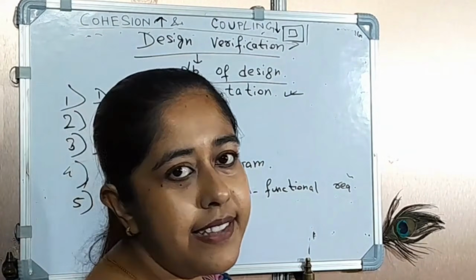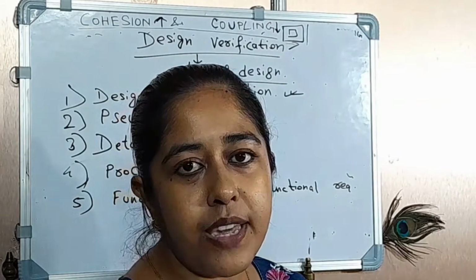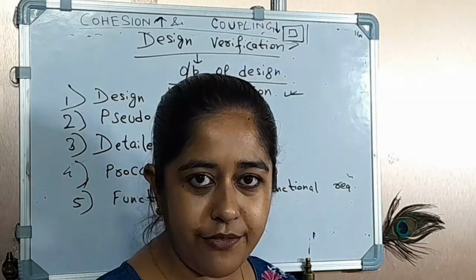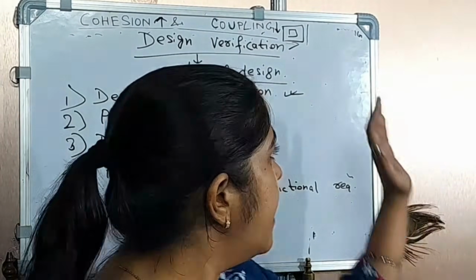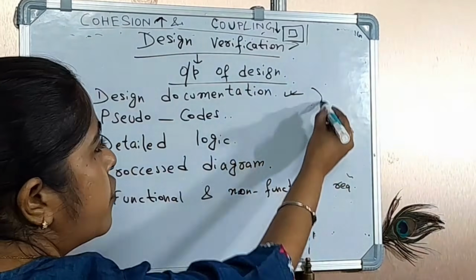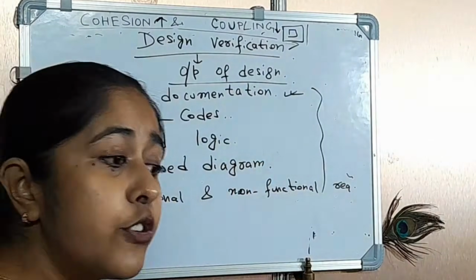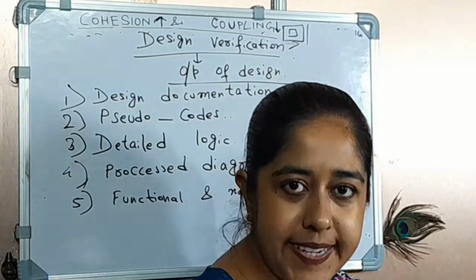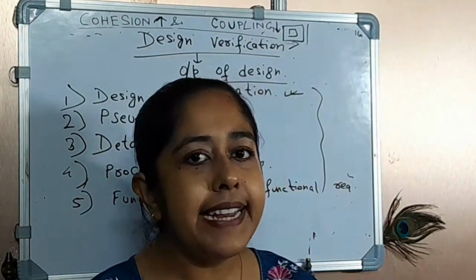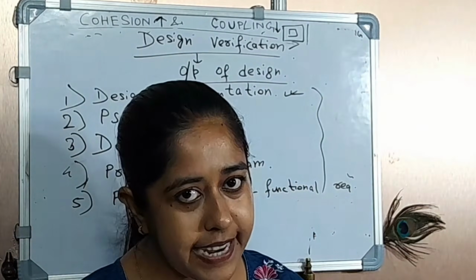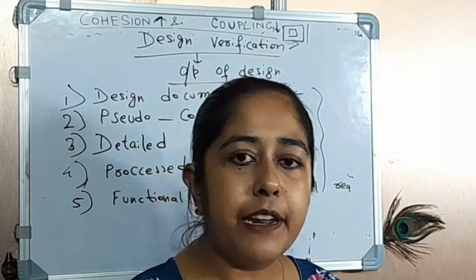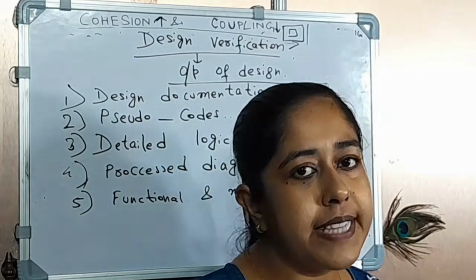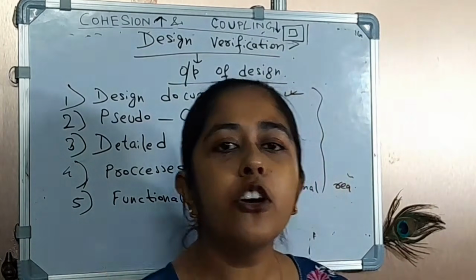Now it is cleared in this class. When you have completed your designing phase, after completion, these things are what you are going to give to the customer, or you are going to verify by your development team, whether my design is correct or not. These are the outputs of your designing phase which will verify your design.